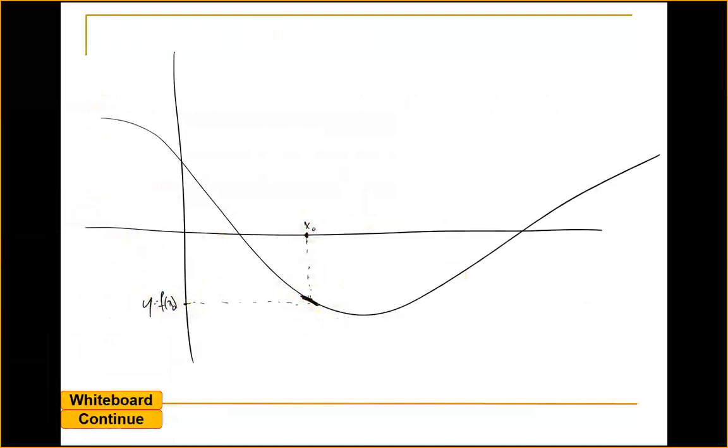Having found the slope, what I'm actually going to do is project a line from here in this direction. Oops, sorry. Hard to draw a line, just as bad as a whiteboard.